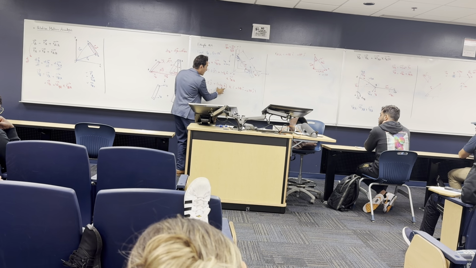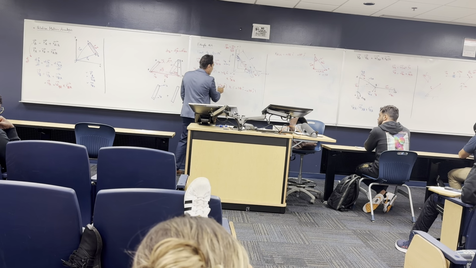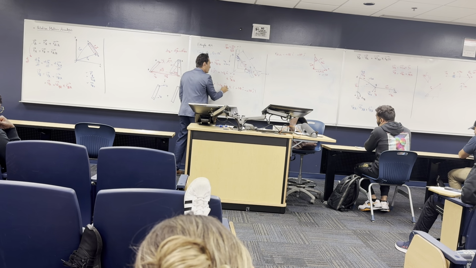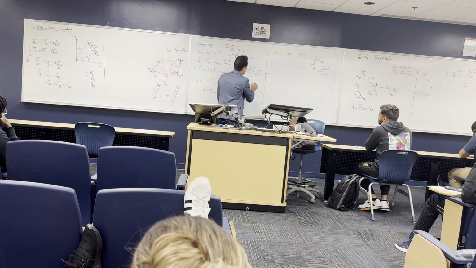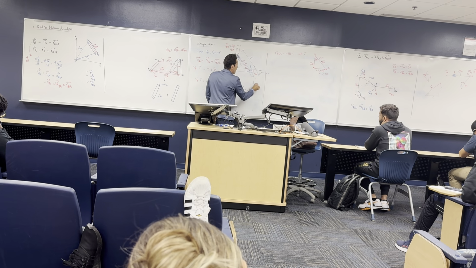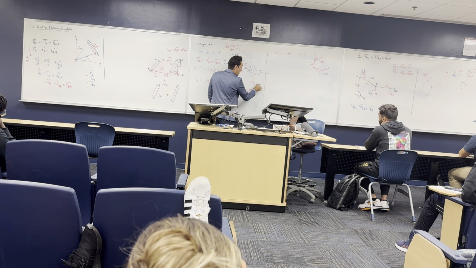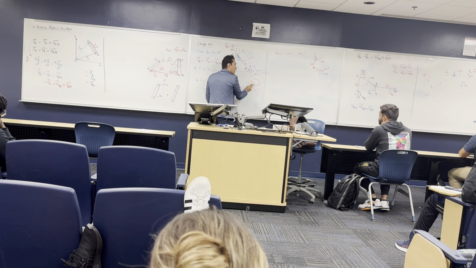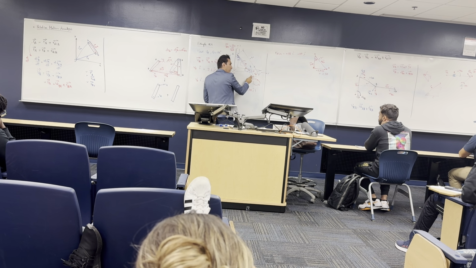If I multiply, definitely the magnitudes are going to stay the same. But how about when I multiply k hat by i hat? Put this in front of you: i, j, k. If you multiply i by j, it's going to give you k. j by k is going to give you i. But if you go the other way, i by k is going to give you negative j. k by j is going to give you negative i.